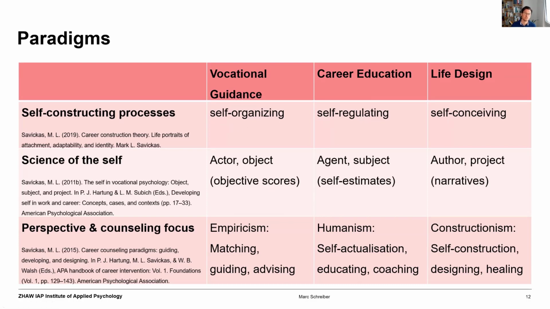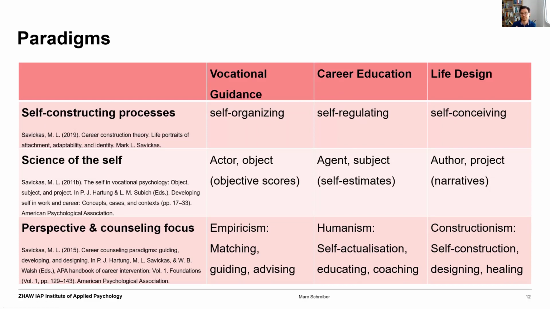If you have a look at the processes, you start with the self-organizing process. Here it's about personality characteristics. So young people or even children, but also adults, organize themselves based on personality. Career education is related to self-regulation processes.